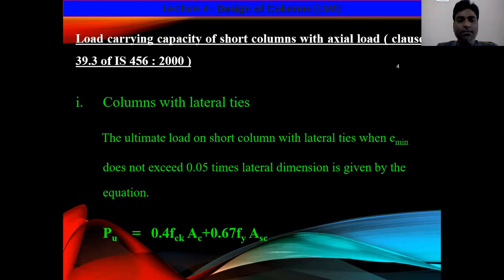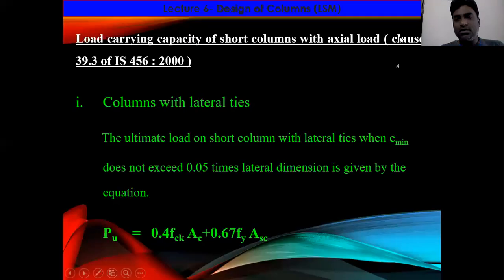Now coming to today: how to determine the load carrying capacity of an axially loaded short column as per clause 39.3 of IS 456-2000. It is already mentioned in your code book.